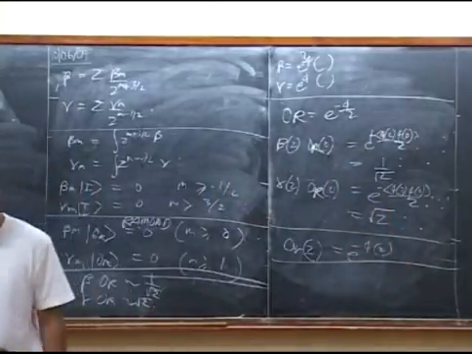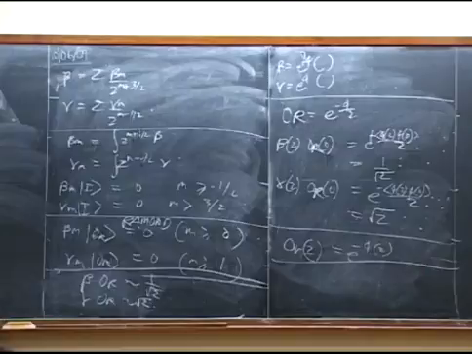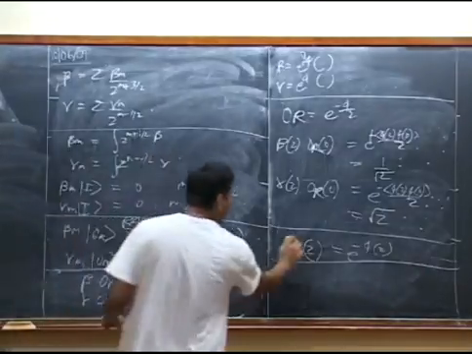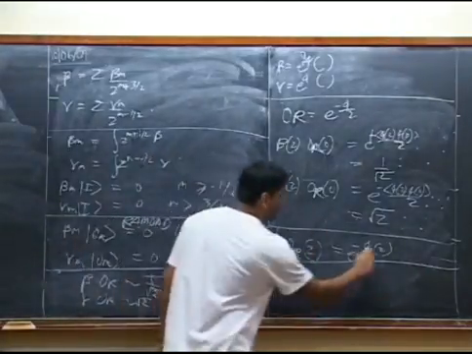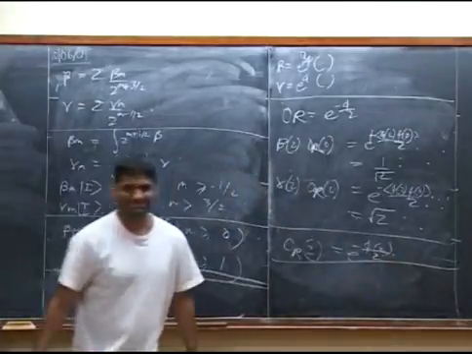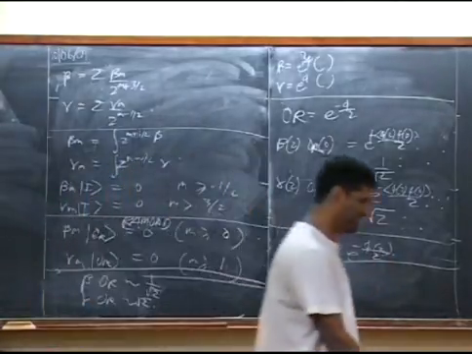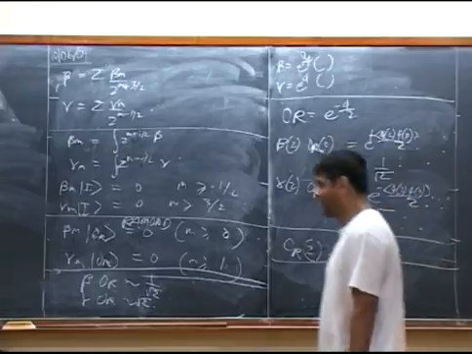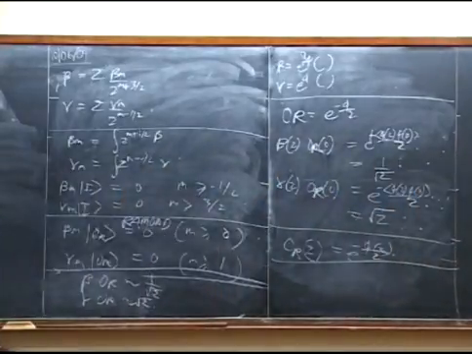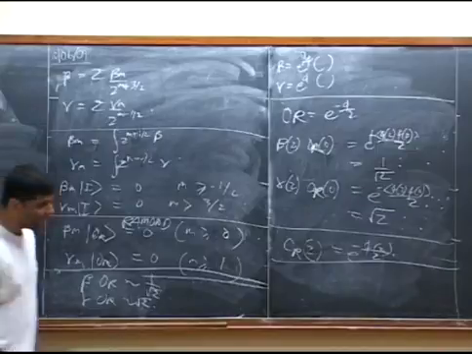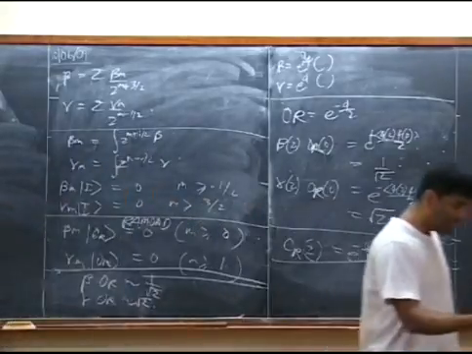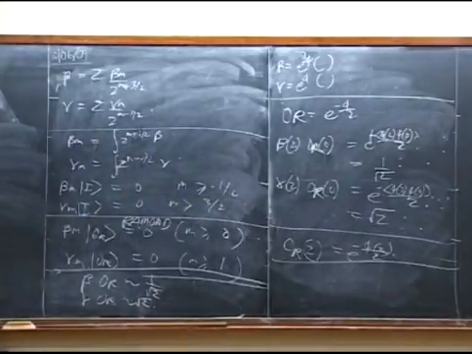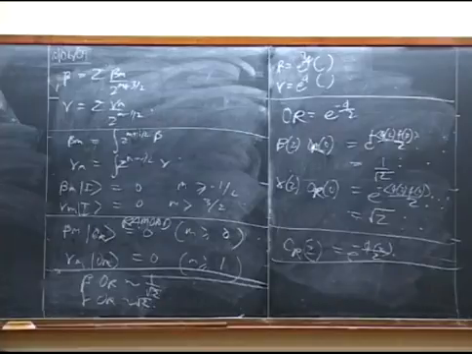So we conclude that OR is e to the power minus phi over 2. Okay. That's really great. So now both in the NS sector and in the Ramond sector, we have complete understanding.